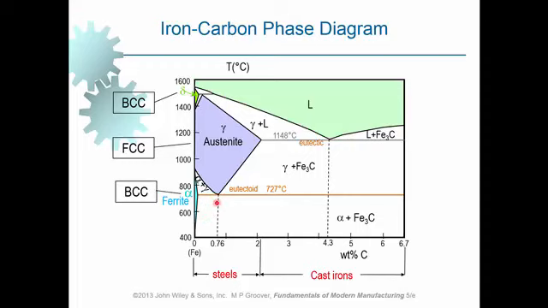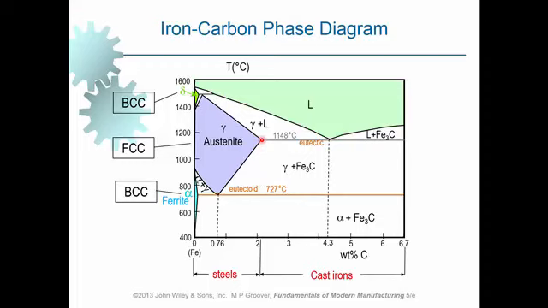If the carbon content is above 0.76 up to this point, 2.14, then it is referred to as hypereutectoid steel. If its carbon content is exactly 0.76, then what is it called? Eutectoid steel.